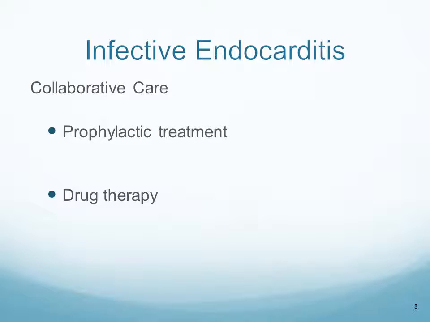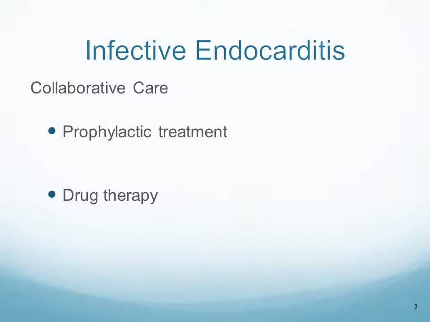Now I want to talk about the collaborative care and drug therapy. What are we going to do with the person with infective endocarditis? Okay, so we said that the person will have these venipunctures, they will have blood cultures, and immediately following the blood cultures, we will start the person on a broad-spectrum antibiotic, awaiting the results of a culture and sensitivity test to make sure that the person's on the correct antibiotic.